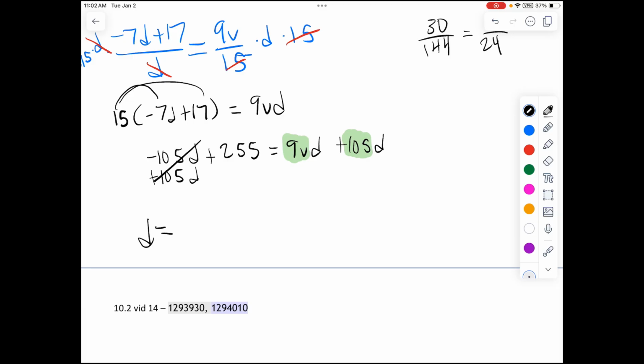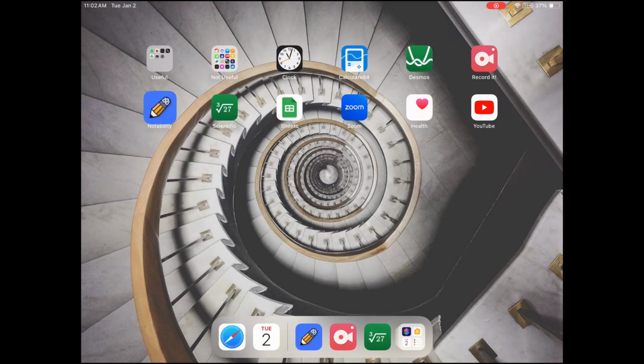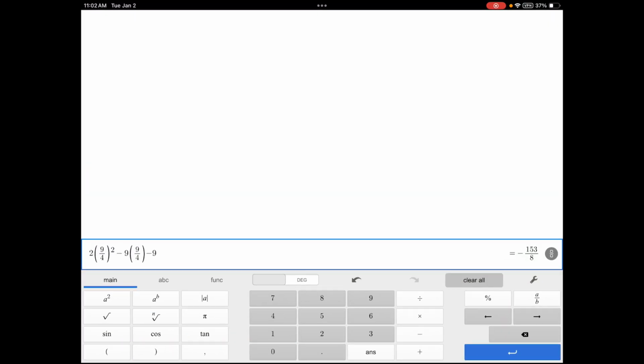All right, so then we end up at 255 equals 9 times our 5/24 d plus 105d. Technically that's over 1, so 9 times 5 is 45, so we have 45 over 24 d plus 105d equals 255. Those are now like terms and you can combine them. Now I would just recommend a calculator at that point.